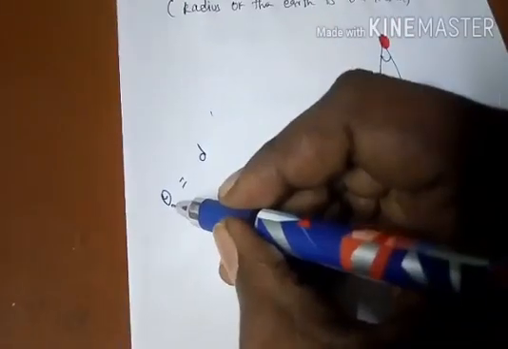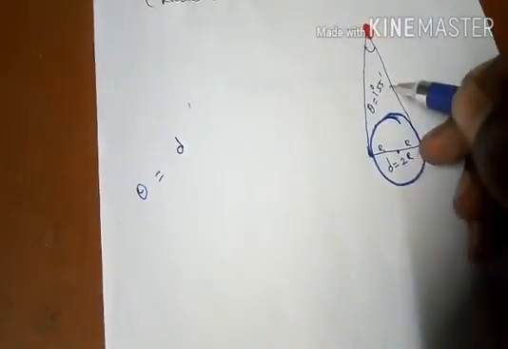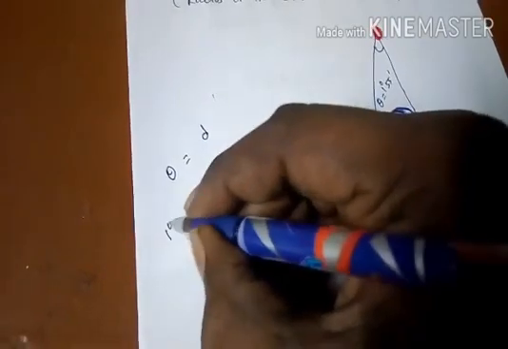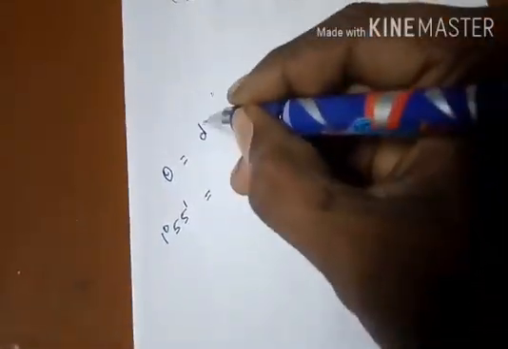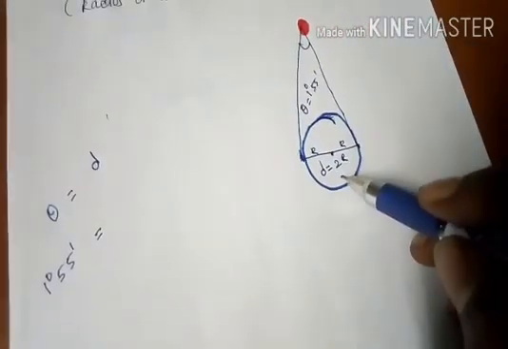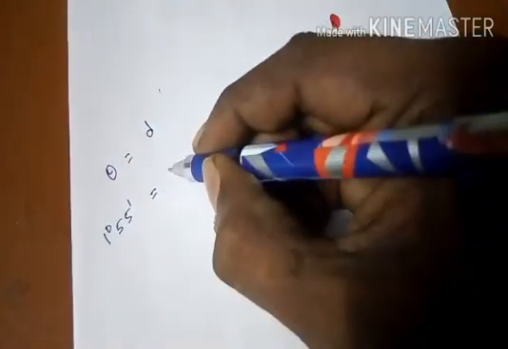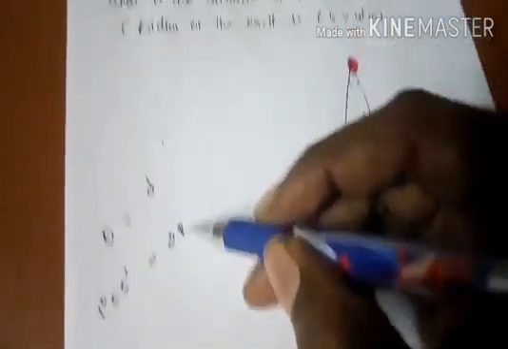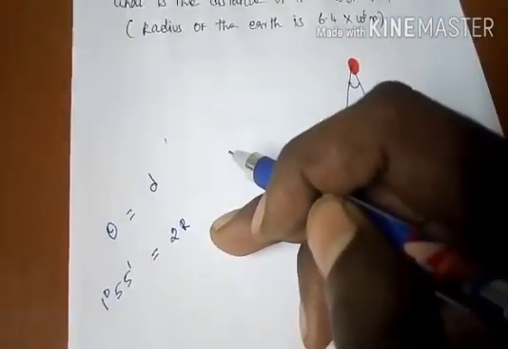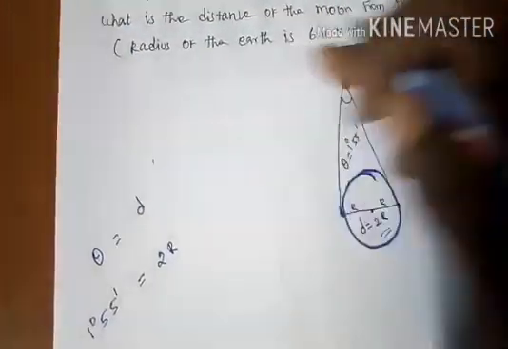Here r is nothing but the radius of earth, and this value is already given in the problem itself.